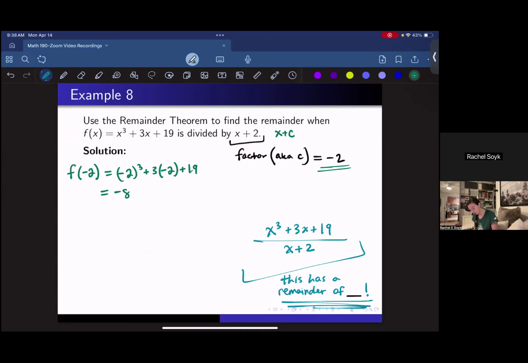That gives us -8 minus 6 plus 19. And then we have -8 minus 6 is -14, plus 19. That gives us 5.